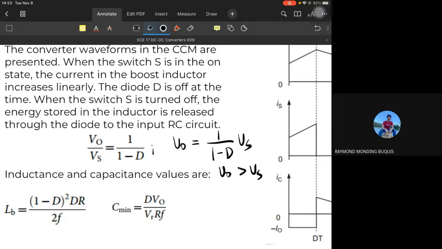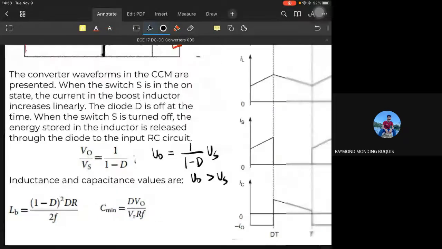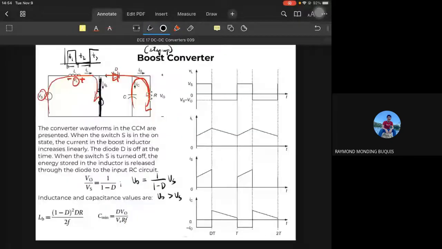There are also formulas for computing the inductance and capacitance requirements. They are dependent on, or a function of, the duty cycle. So the duty cycle is the key thing here.